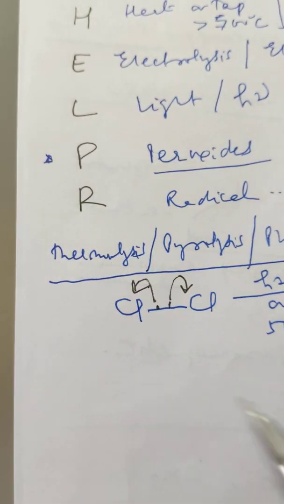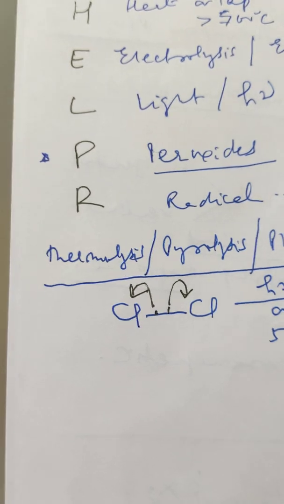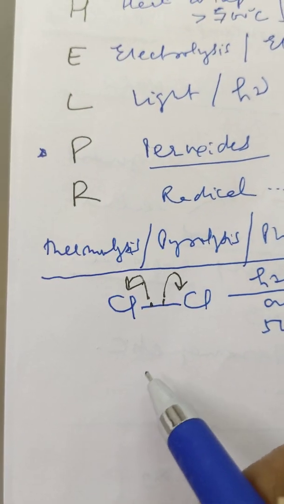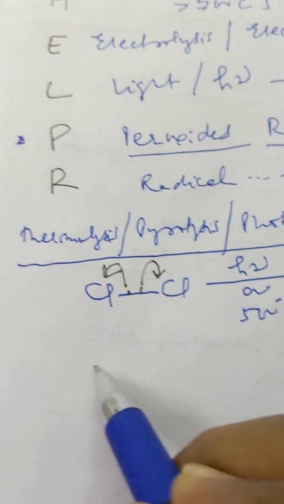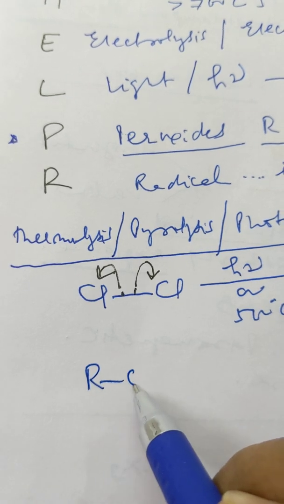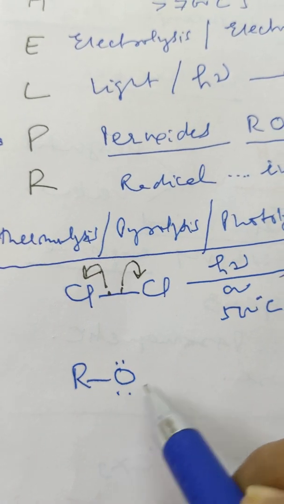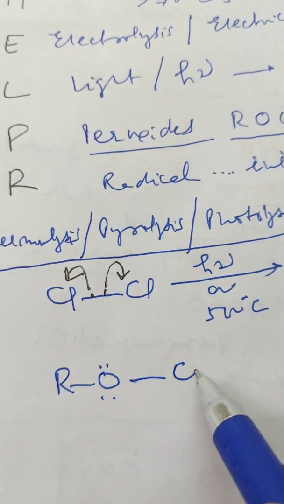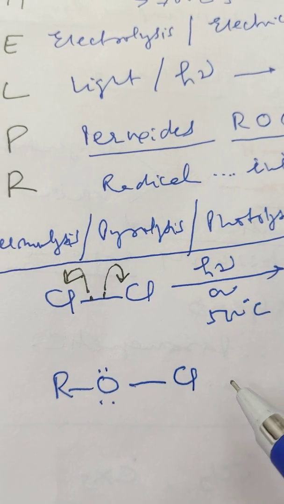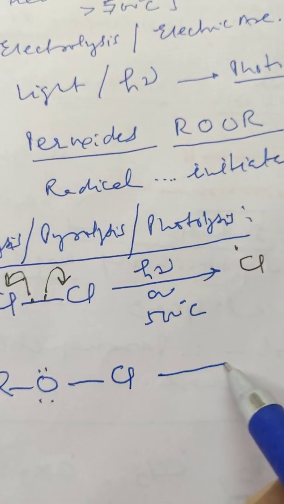Similarly, another example for this, by heat or light, say you have acid chloride.